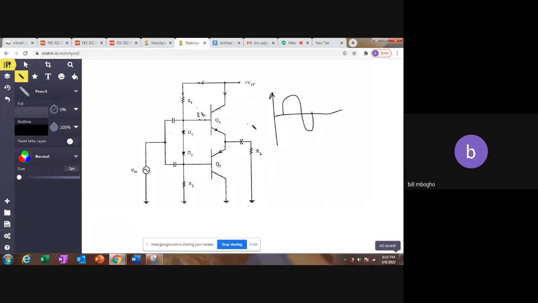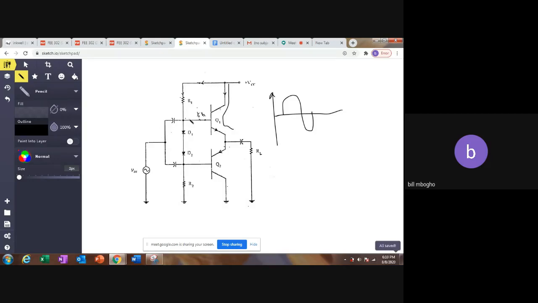what happens is during the first half cycle, this one here is going to be on, so conduction will be taking place and current will come like this. Why will it be on?